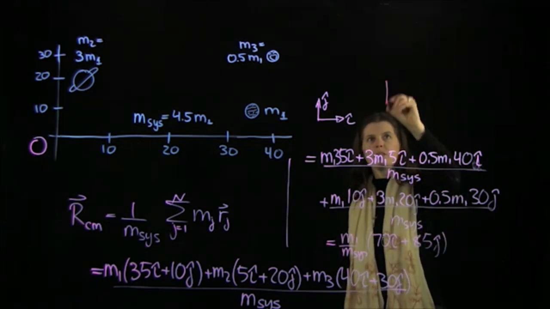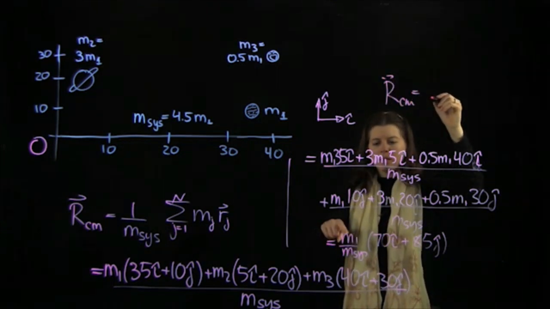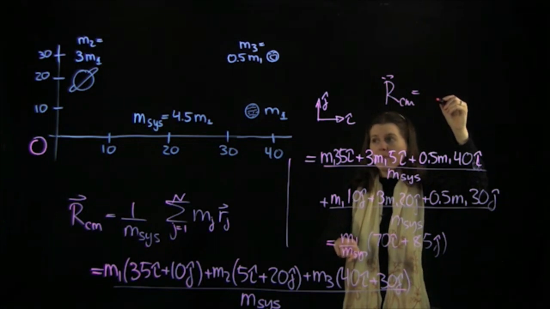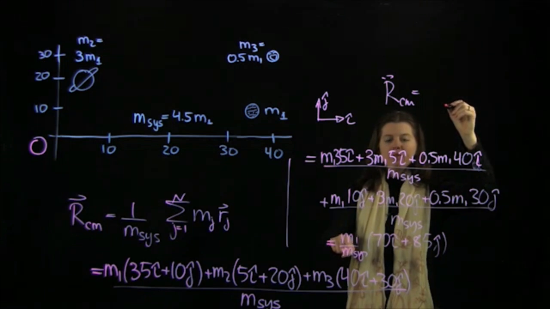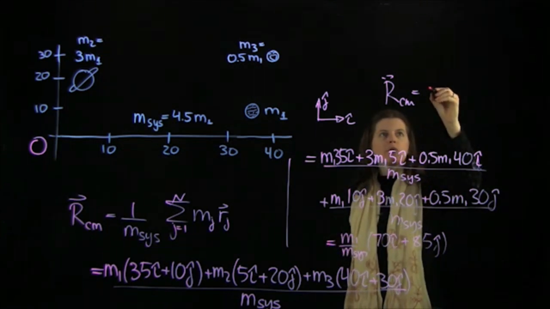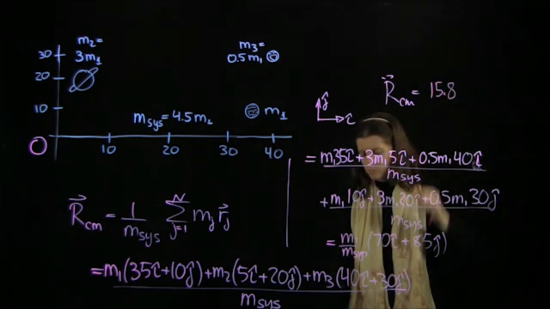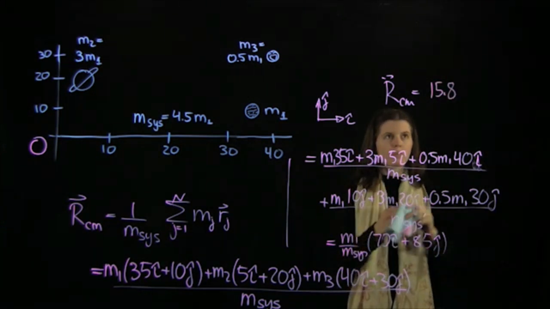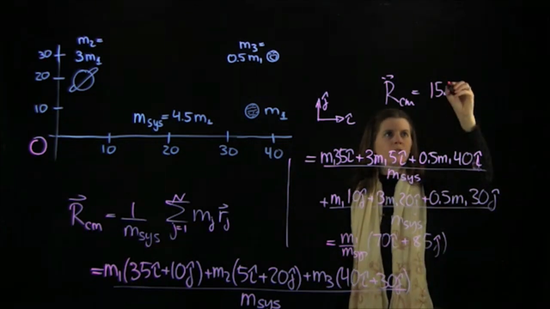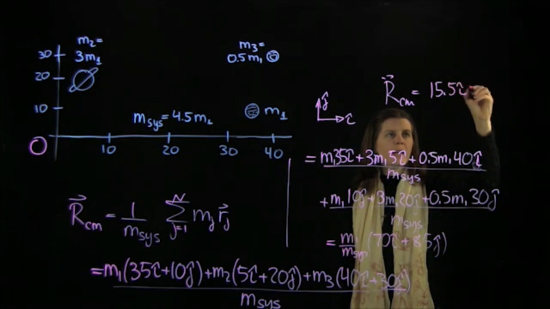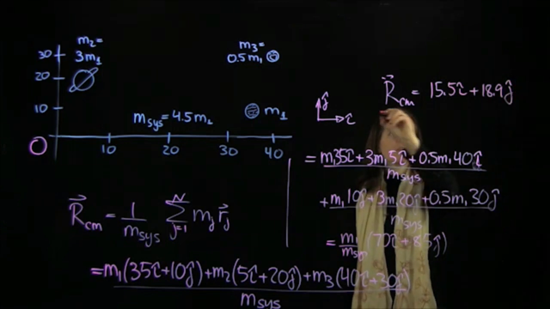And so we will get in the end that R_CM equals m over 4.5 m. So the m goes away, and we have a factor of 1 over 4.5 here. We'll divide this through, and we're going to have 15.5 in the i hat direction and 18.9 in the j hat direction.